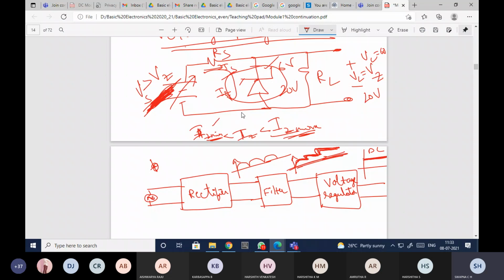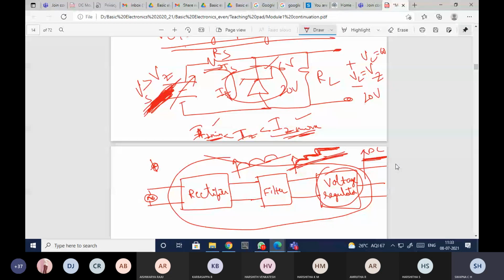Even though the current through the device is varying, or the input voltage is varying, the voltage regulator will provide you the constant output voltage, that is the DC output voltage. This complete setup, rectifier, filter and voltage regulator, converts your AC signal to a DC signal.